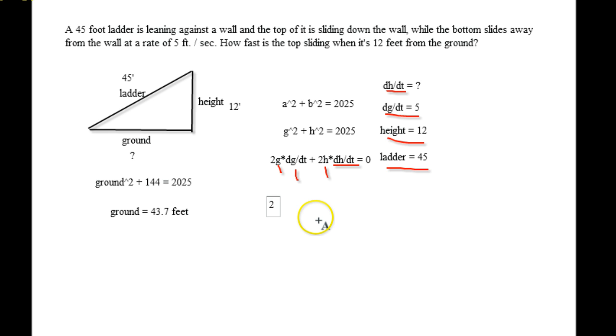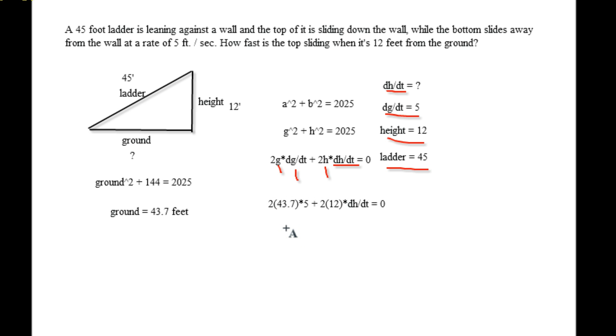So I get 2 times the ground length, which was 43.7, and this is an approximation, times 5, plus 2 times 12 times dh/dt equals 0.